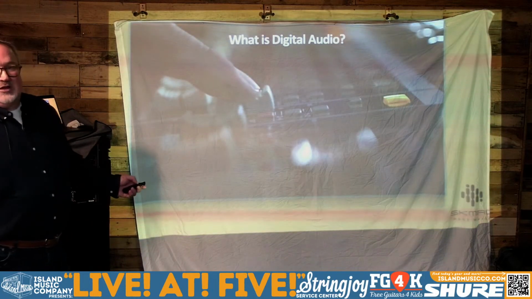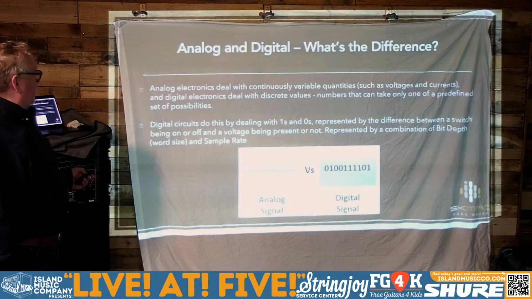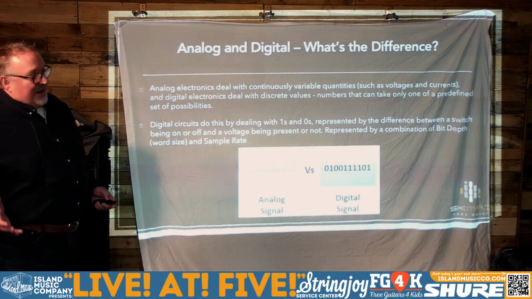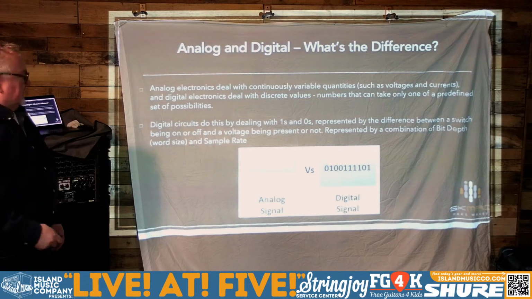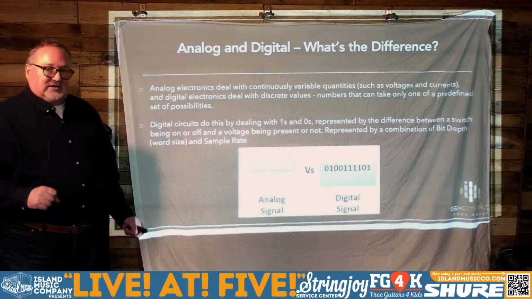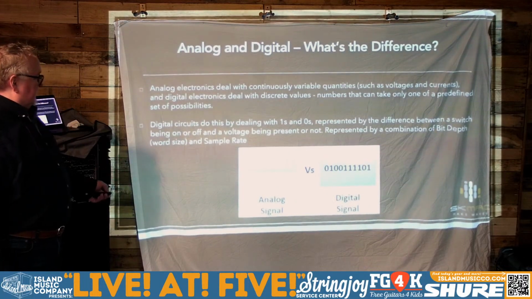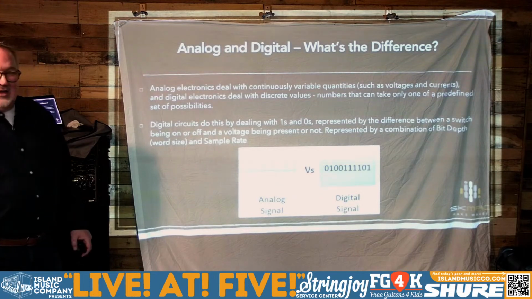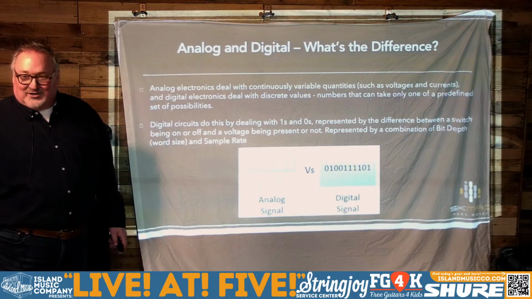Okay, let's talk real quick about digital audio, because that's where we're here today. I think everybody at this point probably knows what a digital audio signal is. We're going to take an analog signal, which basically looks like a sine wave, a very complex sine wave. This is as easy as it gets, as far as a sine wave goes. But we're going to take that and turn it into ones and zeros, right?